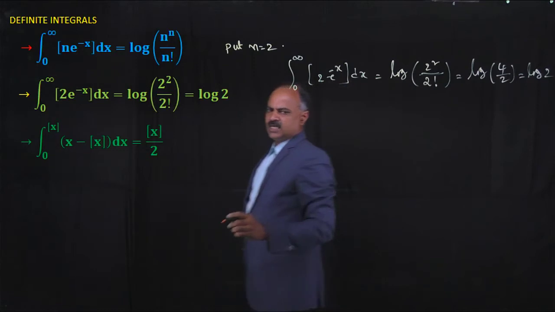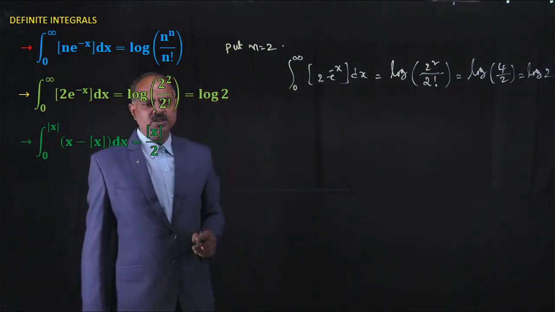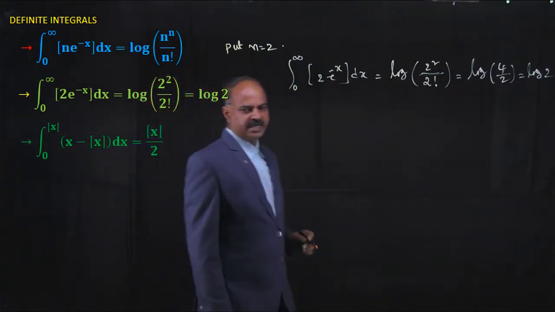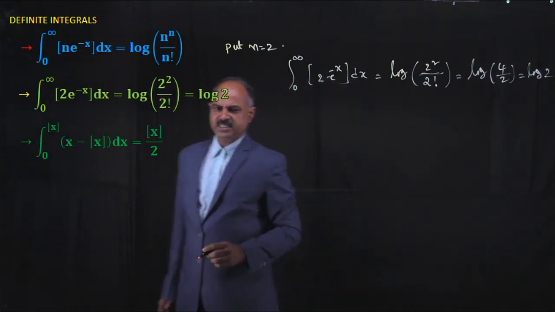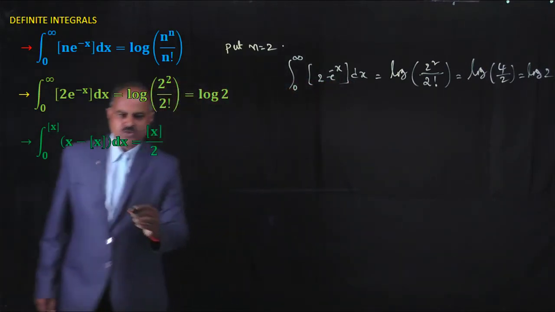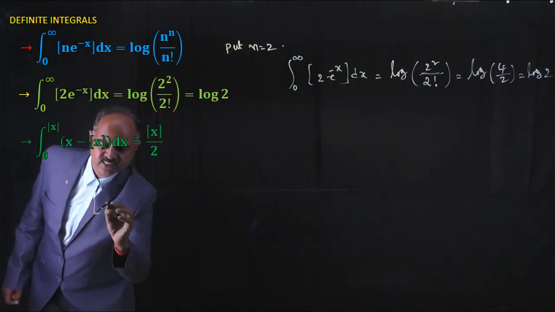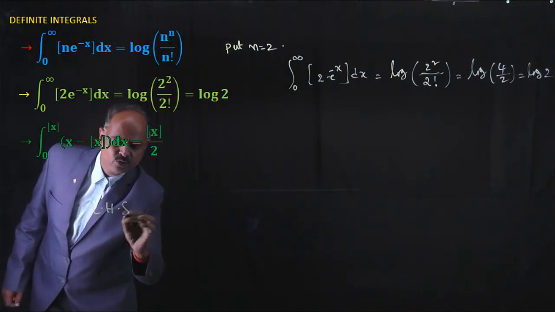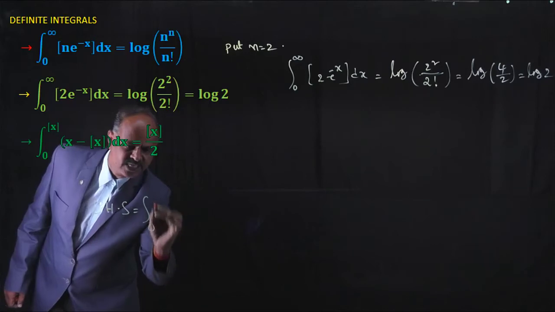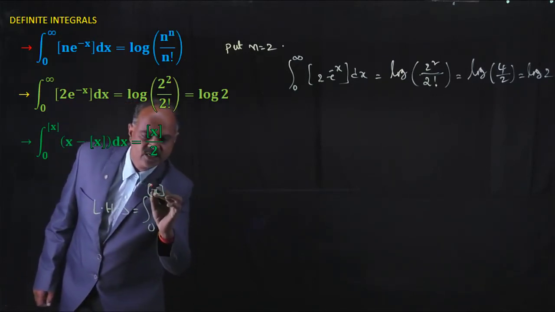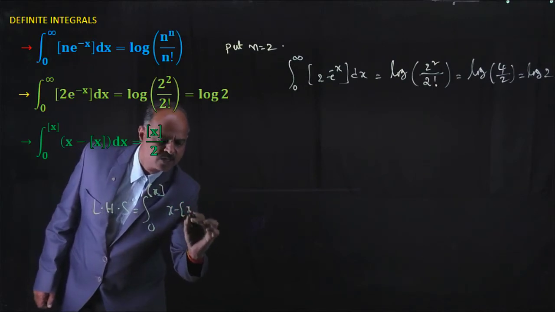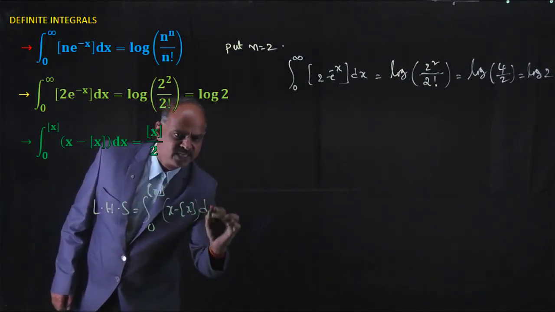Next, integral 0 to floor x of x minus floor x dx equals floor x by 2. So take the LHS, that is equal to integral 0 to floor x of x minus floor x dx.